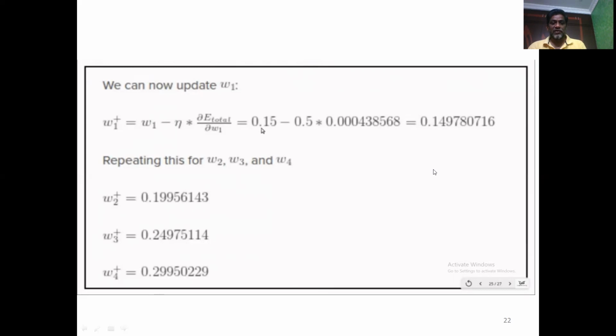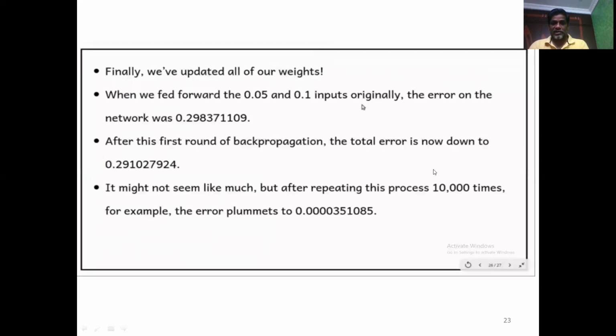So we got all the weights updated now. Since all the weights are updated, it's a repetition process. Again, we will go back to calculation of the outputs, and then we will check whether the error term is minimum or not. Otherwise, we will update the weights again using this process.